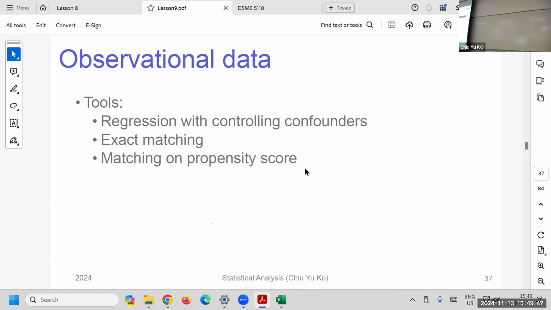The other is called exact matching. When you look at, say, a master's program, you compare people who got a master's to people who didn't. But you worry about other factors that are affecting your regression.